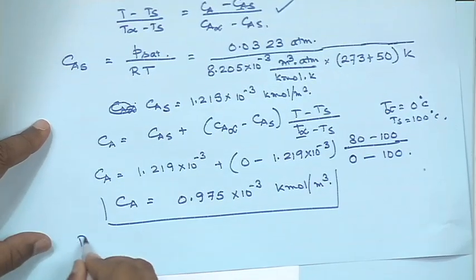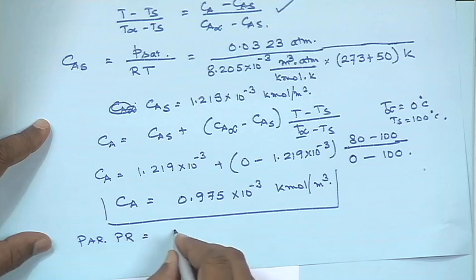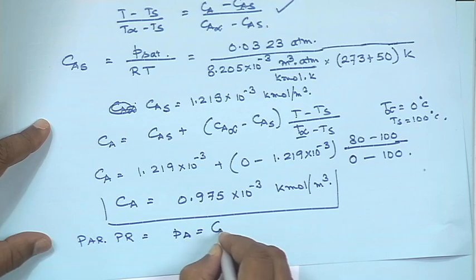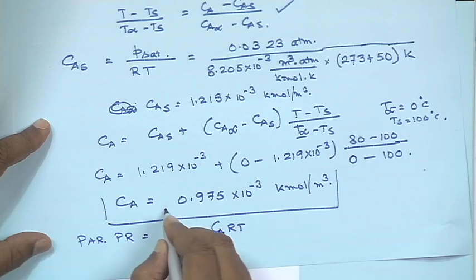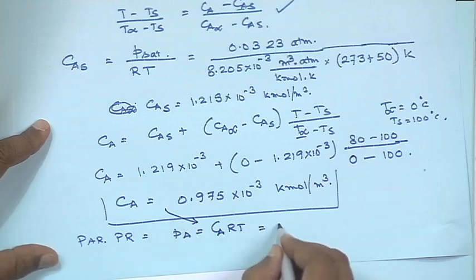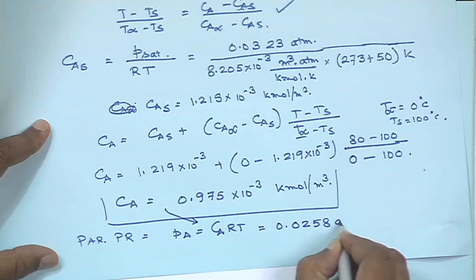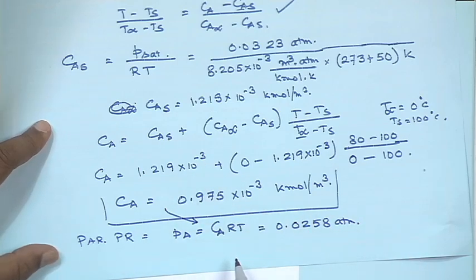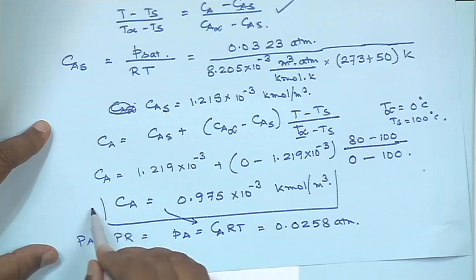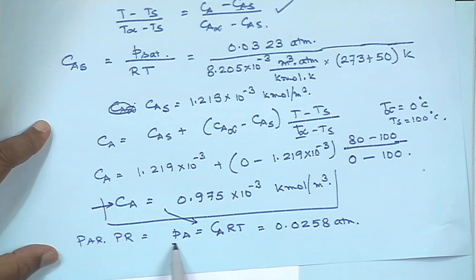So, partial pressure would simply be equal to P A, which is C A R T. The value of C A is already known, it would come to be 0.0258 atmosphere.